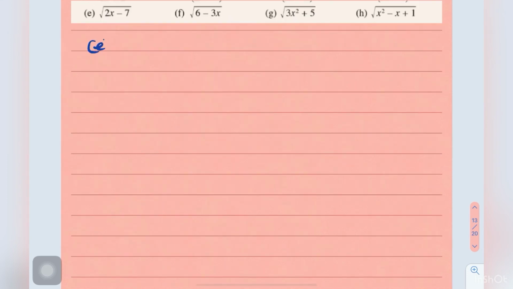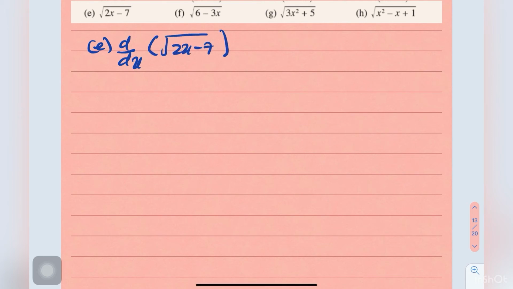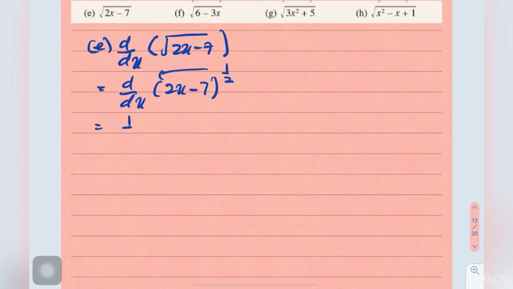Then E, the same concept of composite function. Here we go, square root of 2x minus 7. Square root is actually power of a half. Okay, so d/dx (2x minus 7)^(1/2). Okay, so we move 1/2 (2x minus 7) to the power of 1/2 minus 1, times 2.